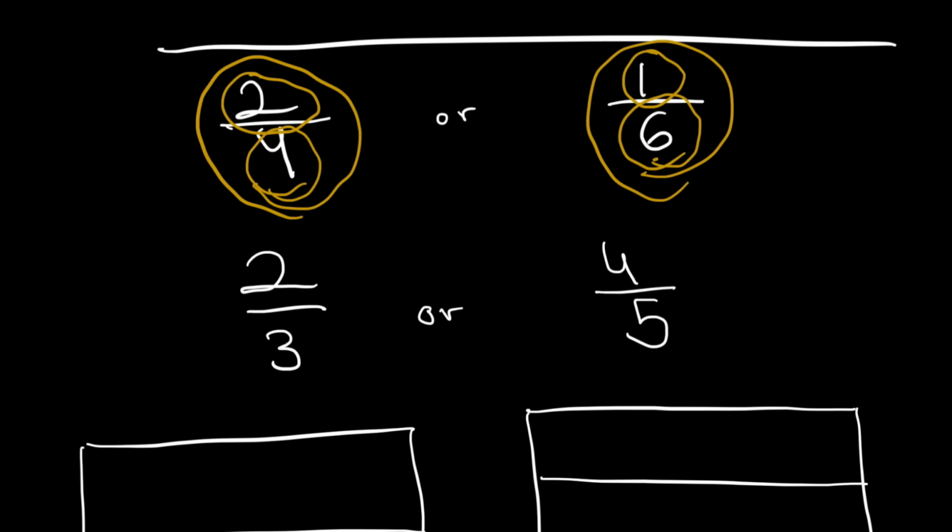Because remember, if the numerator's lesser and it's the same denominator, then it's obviously going to be the lesser number. But now the denominator's bigger on the second fraction, which means you get less pie per piece. So 2 over 4 is the greater fraction.